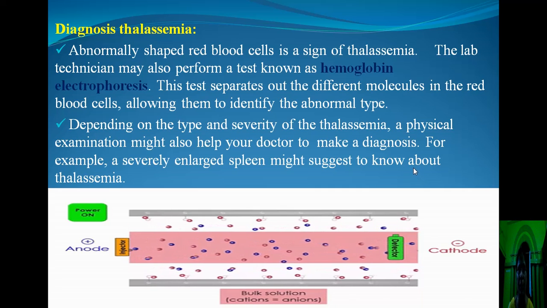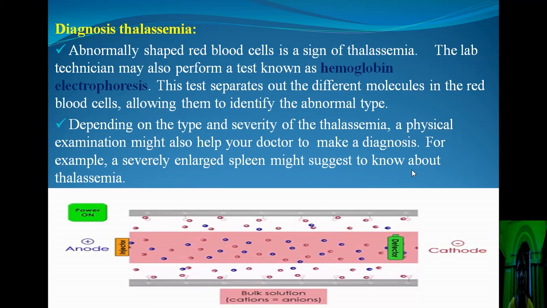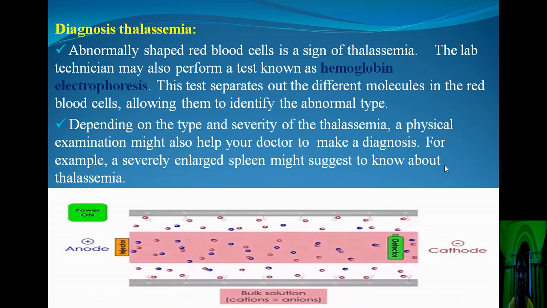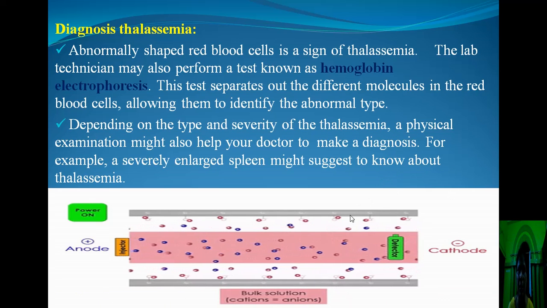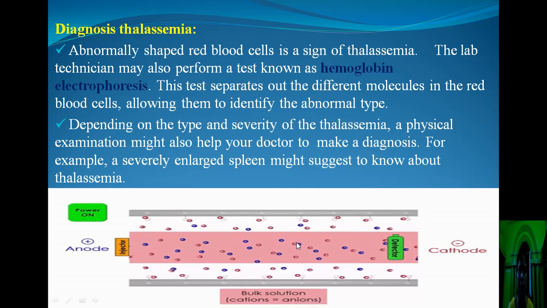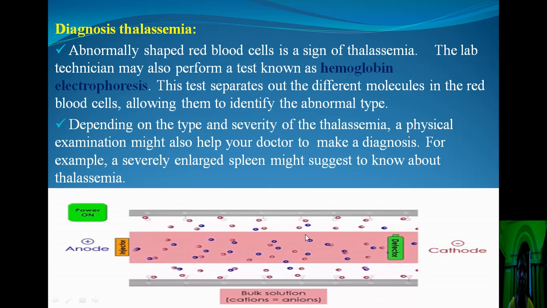When hemoglobin electrophoresis is done, the abnormal cells can be identified. So thalassemia can be detected by this method. In this diagram, you can see the hemoglobin electrophoresis, how the molecules are moving from the anode to the cathode.